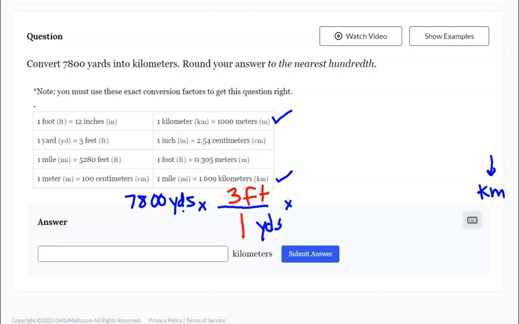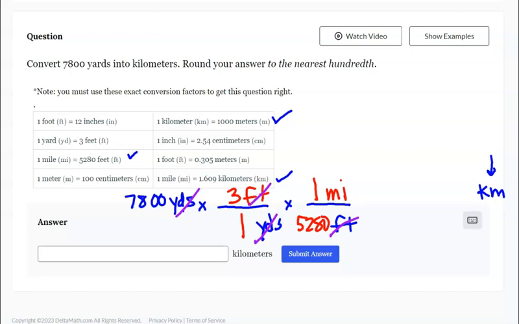Okay, so that gives me yards disappearing. Now I want feet to disappear. So here's another one. I've got 5,280 feet in 1 mile. So I'm going to write that in here. 5,280 feet makes 1 mile. So now my feet have disappeared.